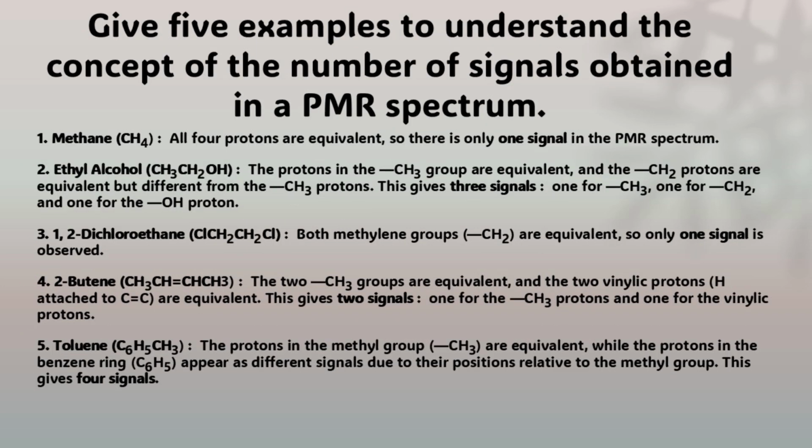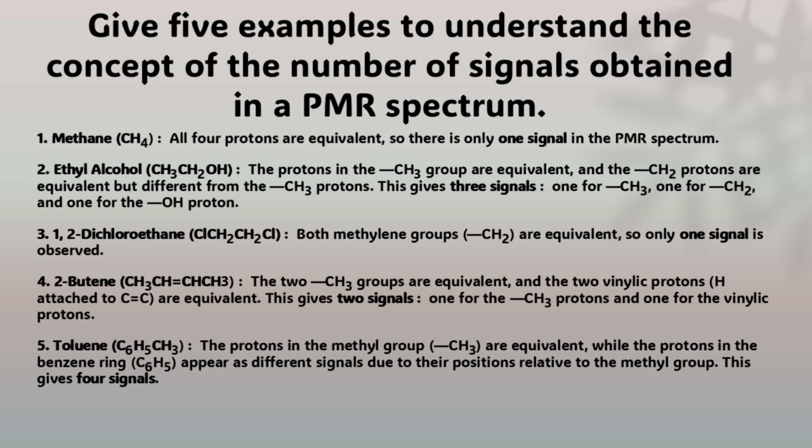The next question is question number 30. Give 5 examples to understand the concept of the number of signals obtained in a PMR spectrum. The answer to this question is 1. Methane, CH4, all 4 protons are equivalent, so there is only one signal in the PMR spectrum. 2. Ethyl alcohol, CH3CH2OH.